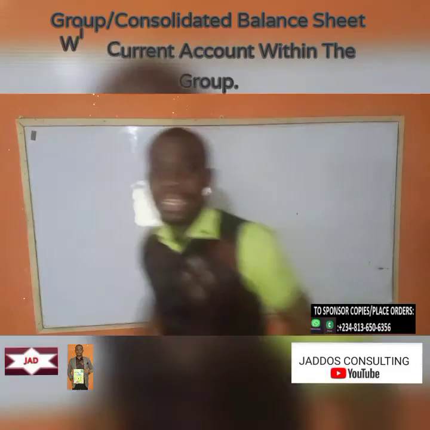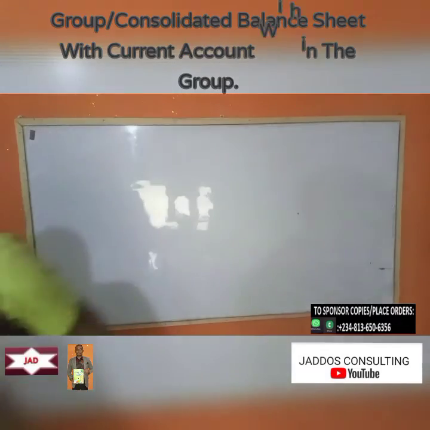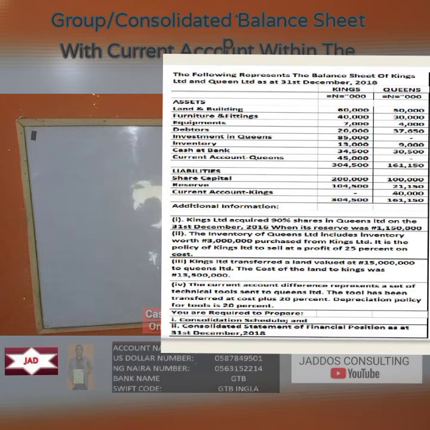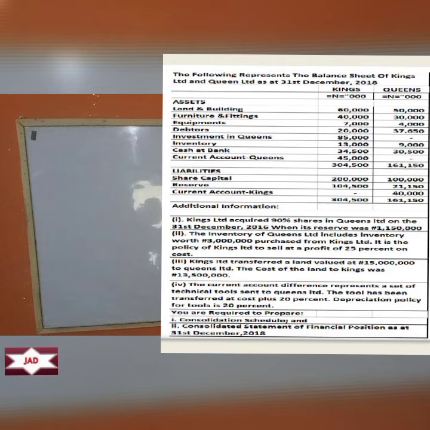Let's quickly take this question so you understand what we're talking about. The following represent the balance sheet of Kings Limited and Queens Limited as at 2018. We have assets: land and building, furniture, equipment, debtors, investment in Queens, inventory, cash at bank, current account Queens. Liabilities: share capital, reserve, current account Kings.